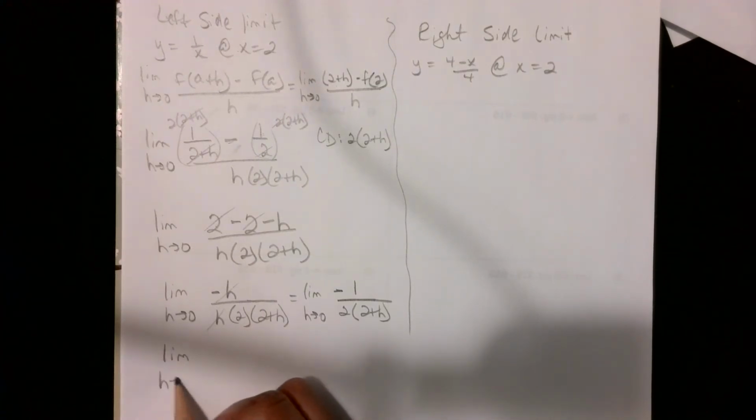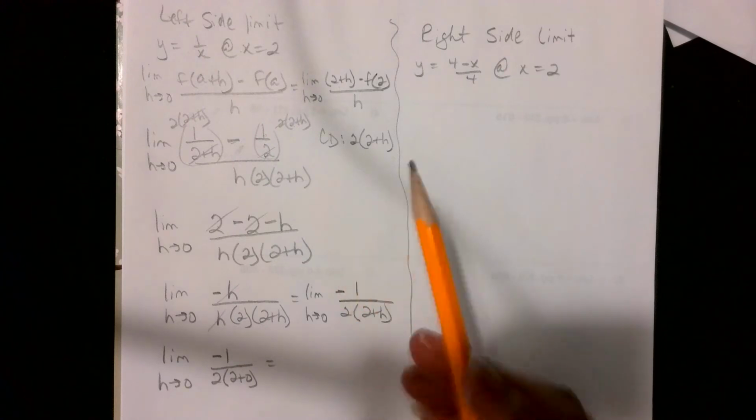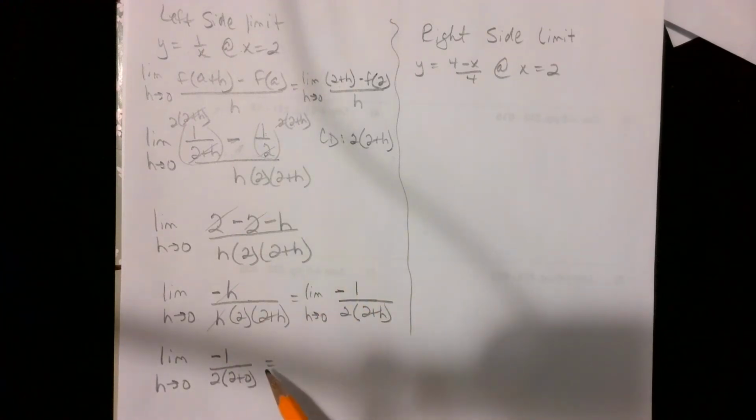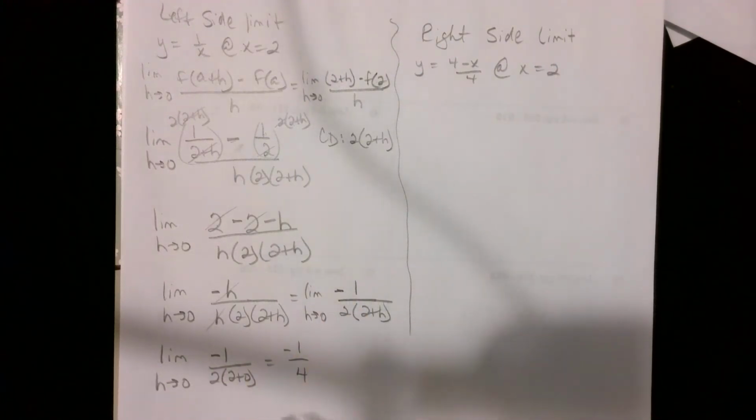So this would be the limit as h approaches 0, negative 1 over 2 times 2 plus 0. And so 2 plus 0 is 2, times 2 is 4, so this slope is negative 1/4. So the left side is negative 1/4.